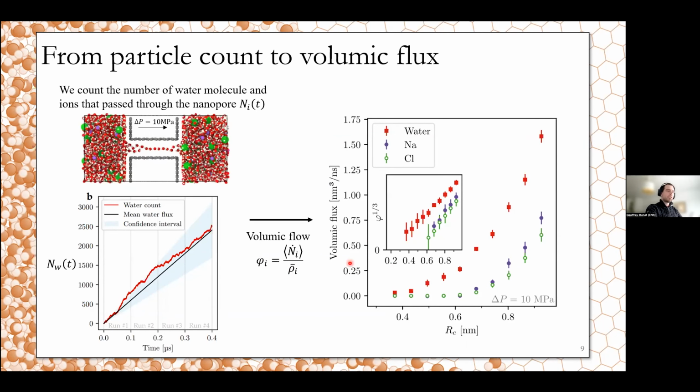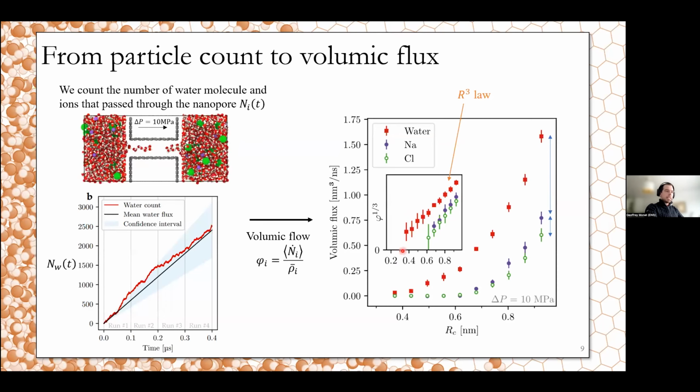Qualitatively, we see two things. First, there is a difference in volumic flux between water and ions. And there is also a difference between chloride and sodium ions, which means that there will be a non-zero ionic current. But I will talk about that a little bit further on.